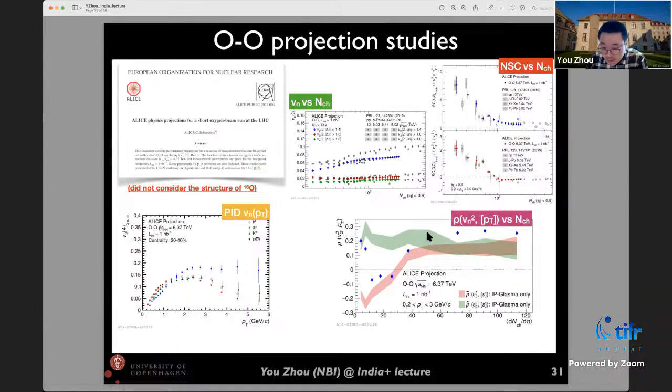And the blue points basically show you the position of the coming LHC data. It will basically confirm that if you have the oxygen data as we expect, we have a very large chance to find the first indication of the CGC at the LHC energy.